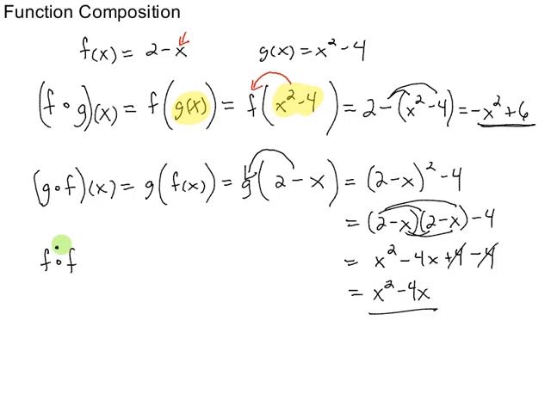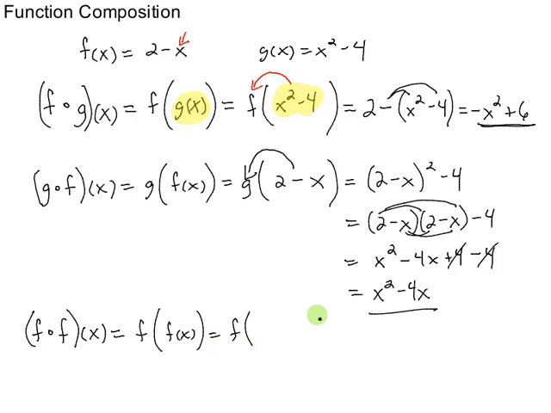Now let's look at composing f with itself. We'll look at f of f of x, and so that means f of f of x. So I'll copy my f of on the outside and work on the inside, which is f of x. So I'll take 2 minus x and put it in here.